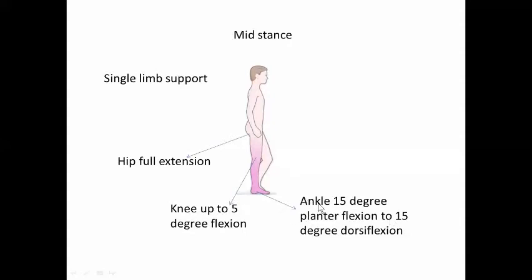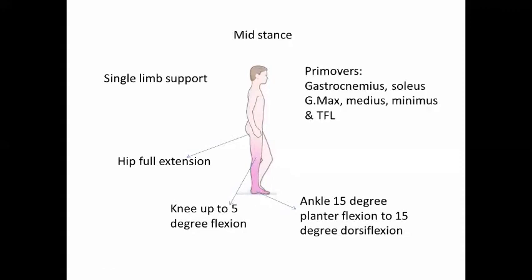Remember, I am repeating again. It will move from 15-degree plantar flexion to 15-degree dorsiflexion. In this position, the ankle is in 15-degree dorsiflexion. The prime movers for maintaining this range of motion are gastrocnemius, soleus, gluteus maximus, medius, minimus, and tensor fasciae latae.